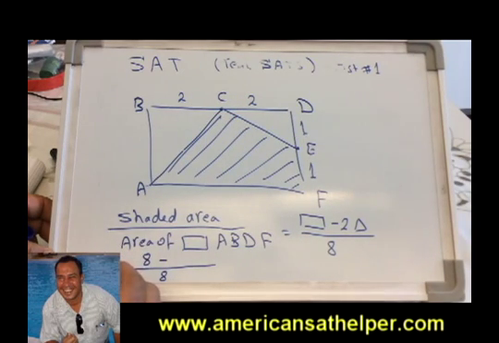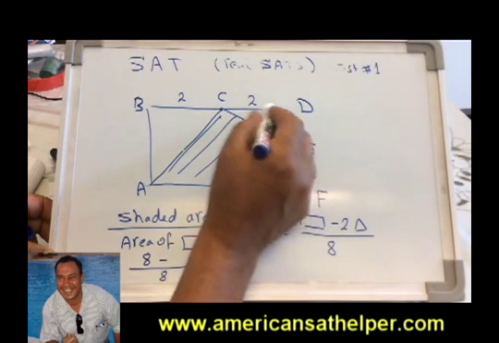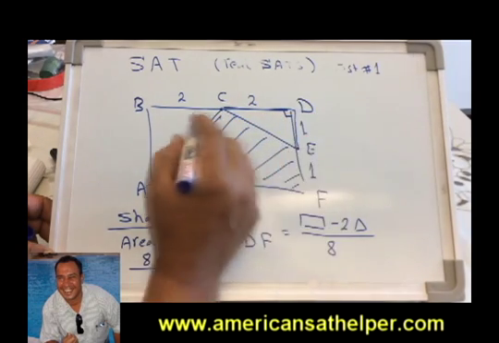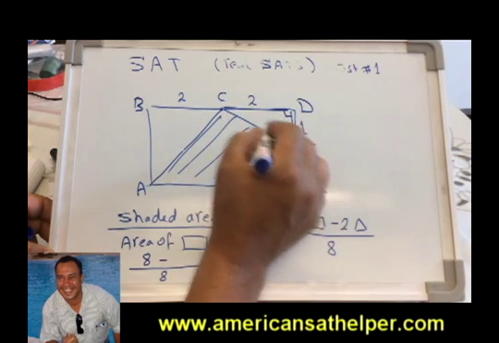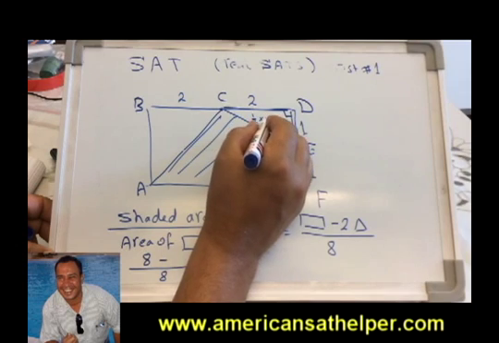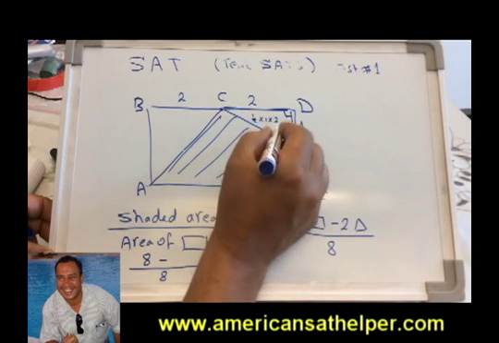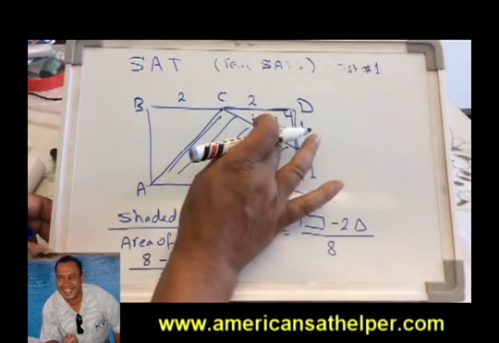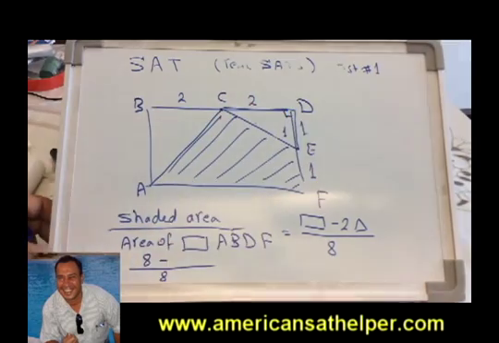The area of each triangle is half times base times height, because this is a right triangle, or half multiplied by the product of the two legs. Half multiplied by 1 multiplied by 2, you will get 1. So the area of this triangle is 1.